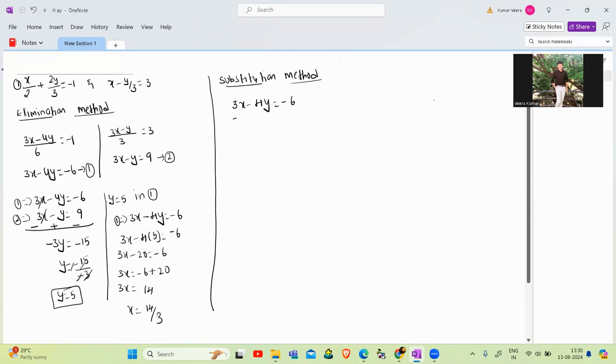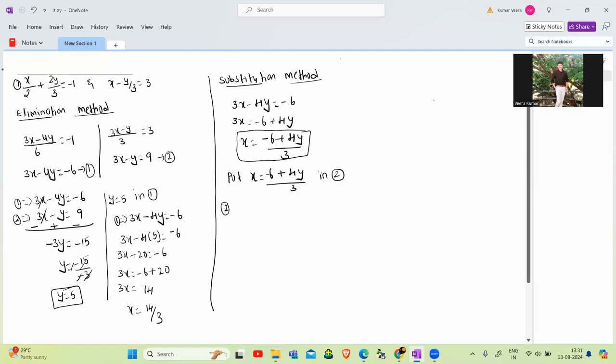Minus 4y goes to that side, it becomes plus 4y, and 3 is multiplying x, so it goes to the denominator. So x is equal to minus 6 plus 4y by 3. This you should substitute in the second equation.